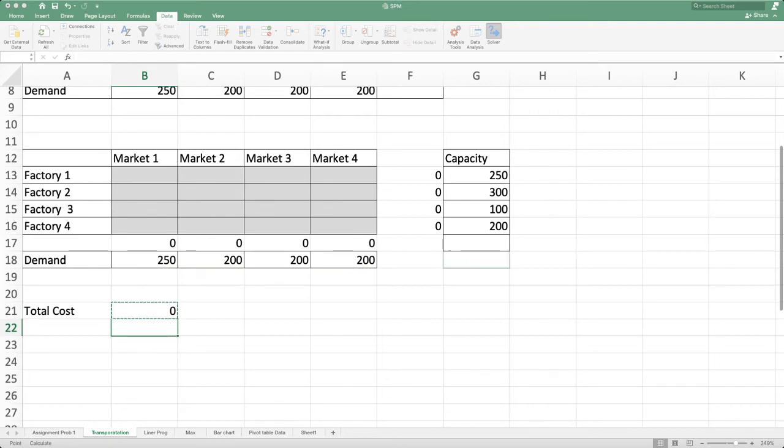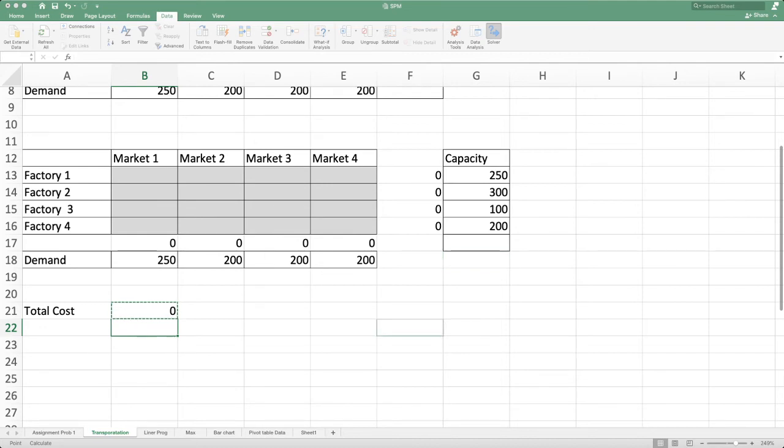Then solve. If your operating system is MS Windows and Excel, you have to go to Options and check assume linear model and assume non-negative.